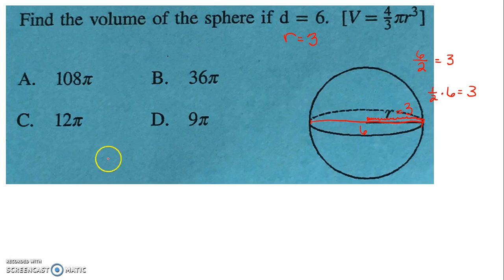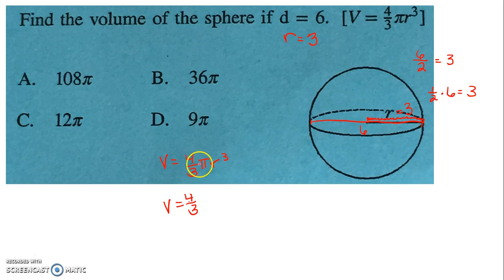So what I'm going to do is I'm going to write down the formula for volume. Volume equals 4/3 pi r cubed. I don't have a calculator at home, and I'm really glad because I can actually see that each of the answers has a pi left within it. I don't have to do any rounding for this problem. So my volume will be 4/3.